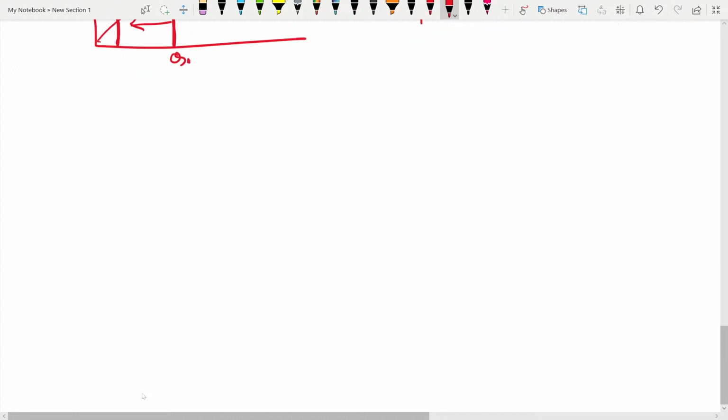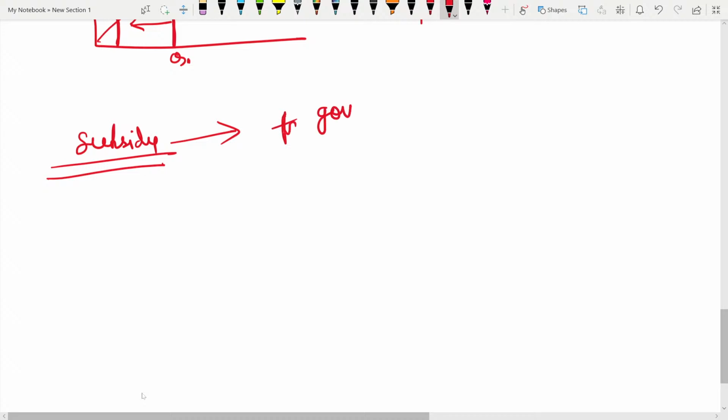Now, subsidy and the supply curve. Subsidy is a favorable change in terms of the supply curve. Subsidy means the government giving some kind of incentives to producers for production.